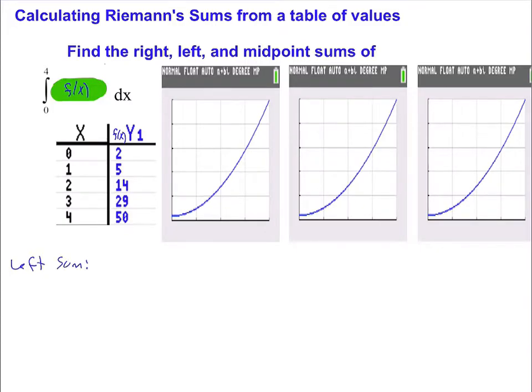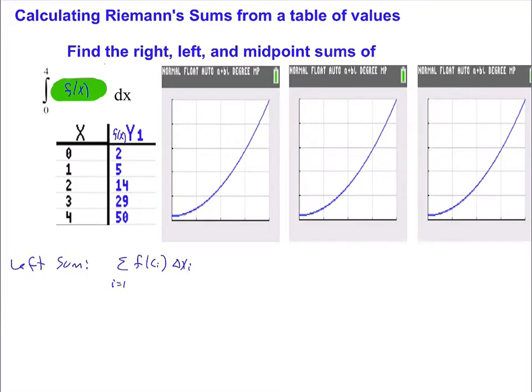Remember, the idea of a Riemann sum is we're going to find the sum of a bunch of y values times a bunch of x distances. And we're going to do that starting with the first rectangle.